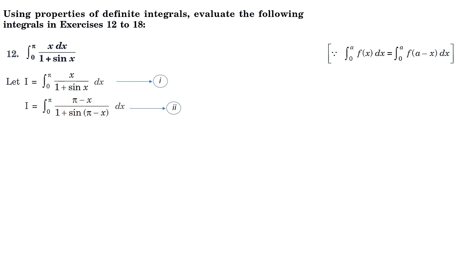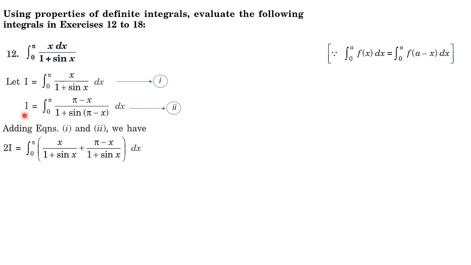Now as per the algorithm, we have to add equation numbers 1 and 2. When we add, I plus I gives 2I is equal to integral 0 to pi, which is common in these two. The first term is x by 1 plus sin x as it is, plus pi minus x divided by 1 plus sin of pi minus x, which is sin x, so pi minus x by 1 plus sin x dx. Now in the denominator, it is the same for both fractions.